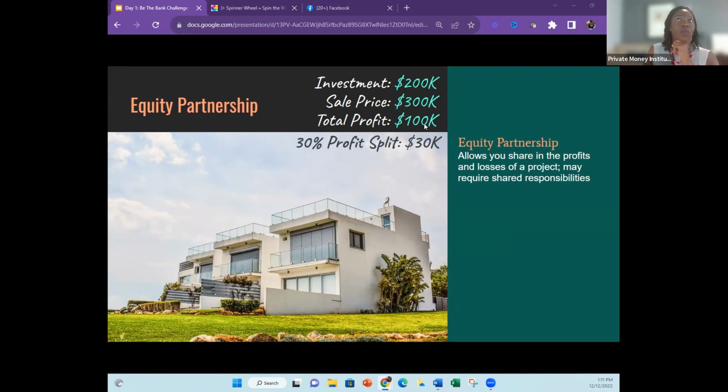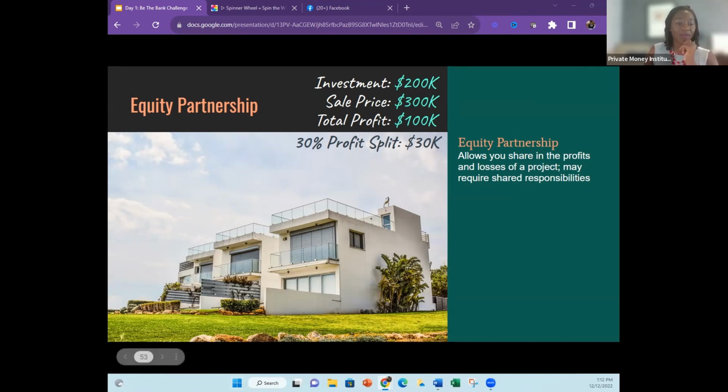So there is a $100,000 profit out there. But in this example, our $200,000 in cash only bought us a 30% profit split, which isn't bad, because I still get $30,000 in profit. That's my take home for this deal.